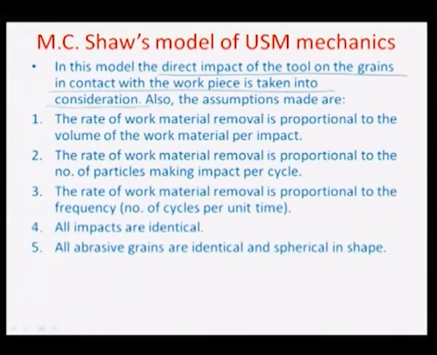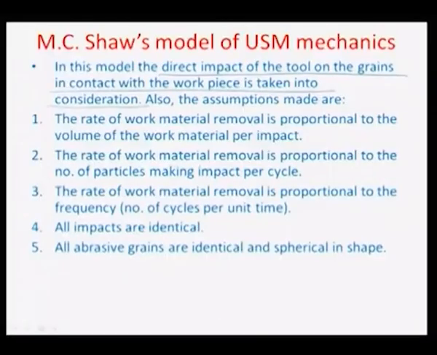and as we will see later on when we do the numerical estimation of the MRR, the impact of free grains would actually not be substantially contributive to the material removal rate, and whatever would be principally contributive would be the direct hammering action, as we will see just a little bit later. Also some of the assumptions made in the Shaw model are the following.